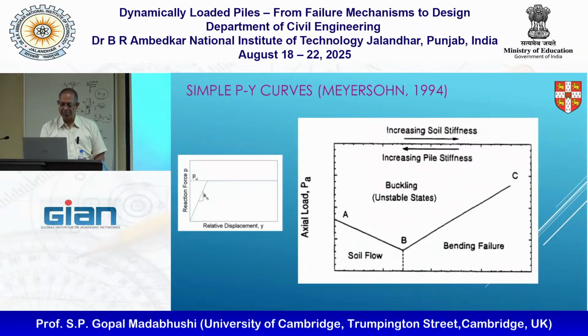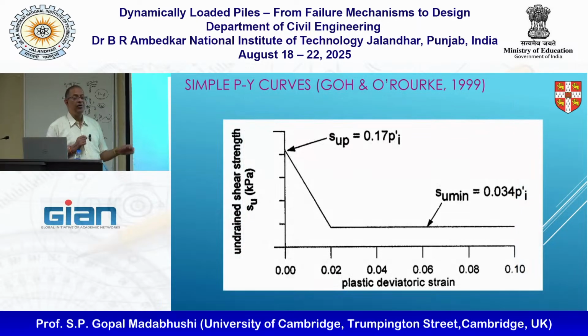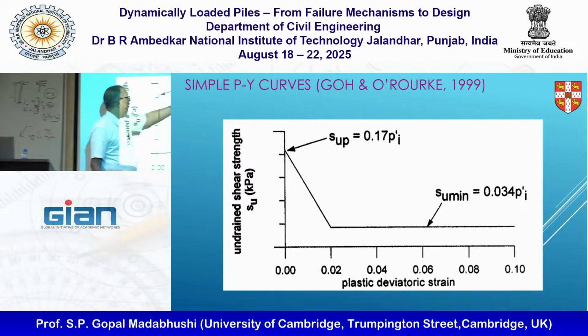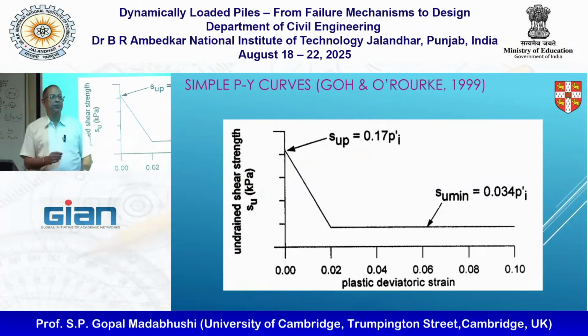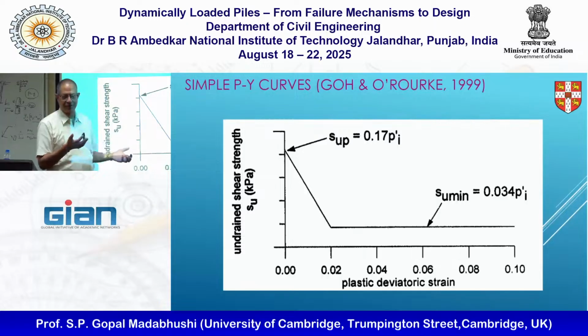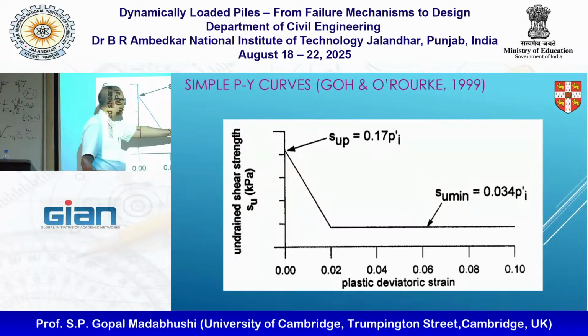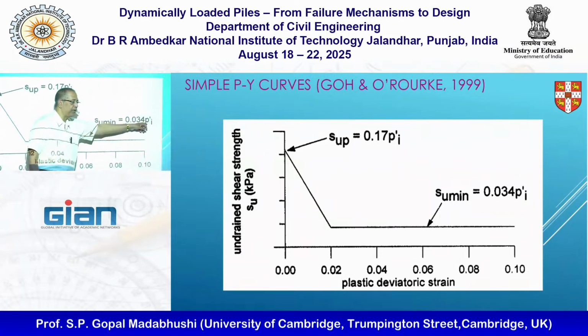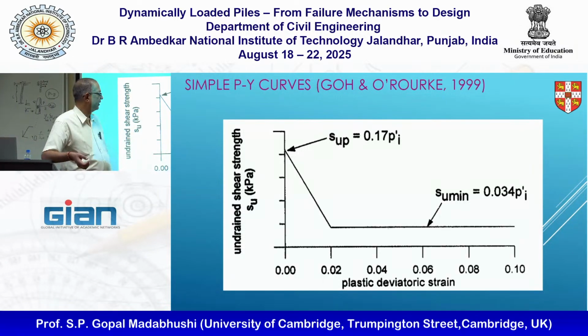They have this parameter SU peak and residual value, SU minimum. They proposed this to work out how much they are. For the upper limit of SU, they say simply take that as 0.17 of the mean confining stress. The lower limit of that is 3.4% of the initial effective stress, the mean confining stress.